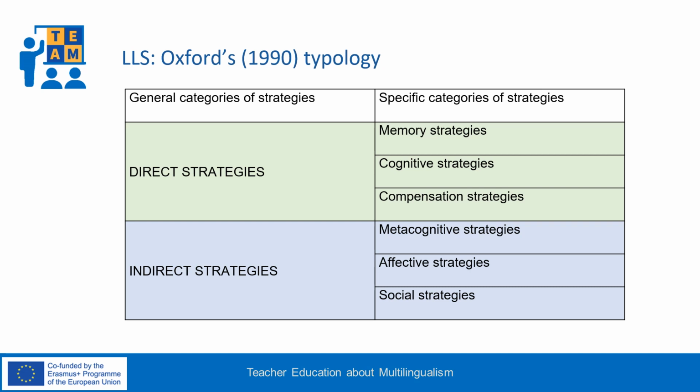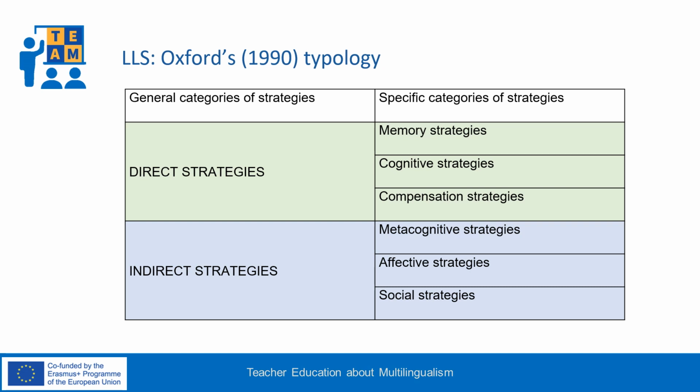She divided strategies into direct, that is, directly connected with the activity of learning, and indirect, associated with organizing and regulating the learning activity. So within direct strategies, we can distinguish memory strategies, for example, creating mental linkages or reviewing, cognitive strategies, for example, practicing, analyzing and reasoning, compensation strategies, for example, guessing intelligently, overcoming limitations in speaking and writing.